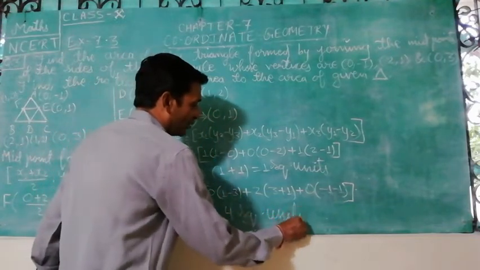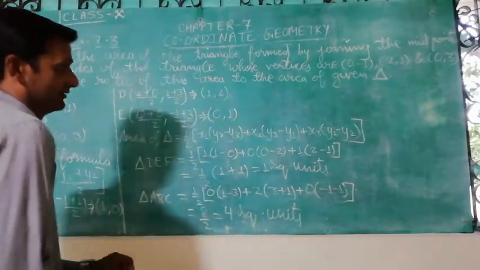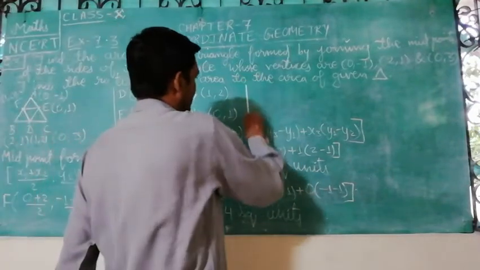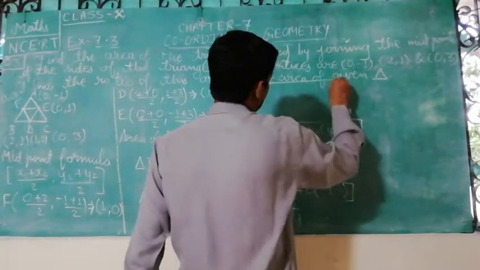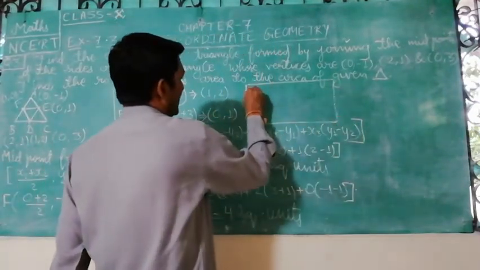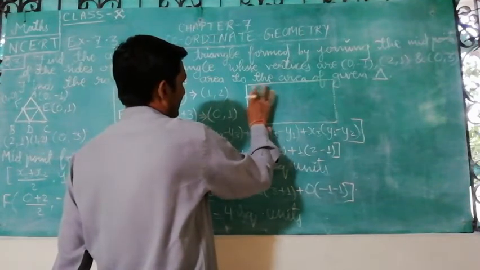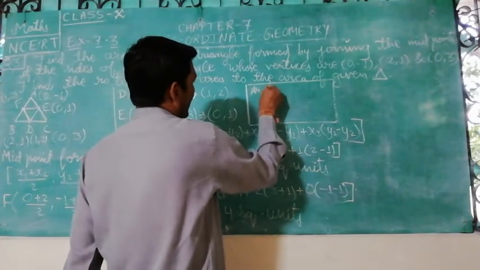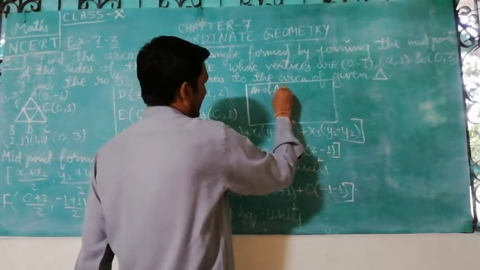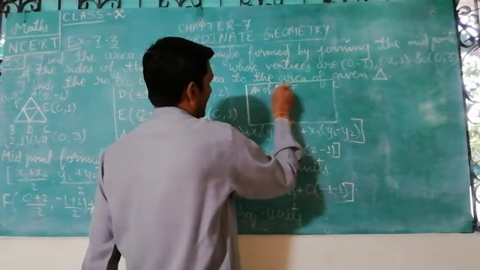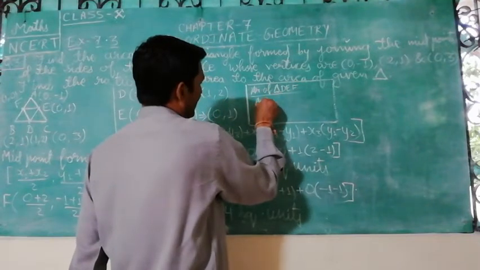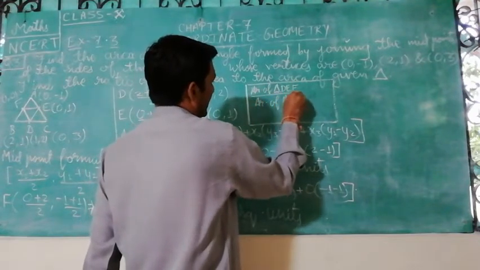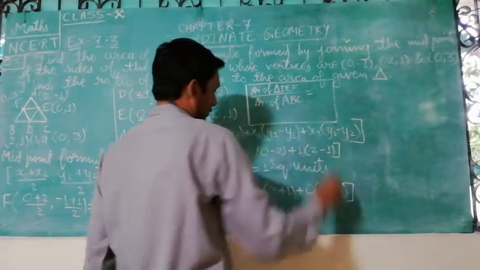Now we can find the ratio of areas. So the area of triangle DEF upon the area of triangle ABC is equal to what?